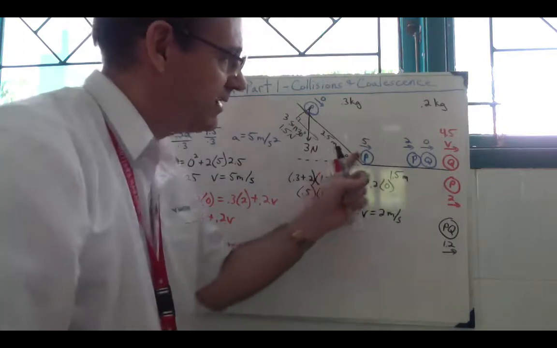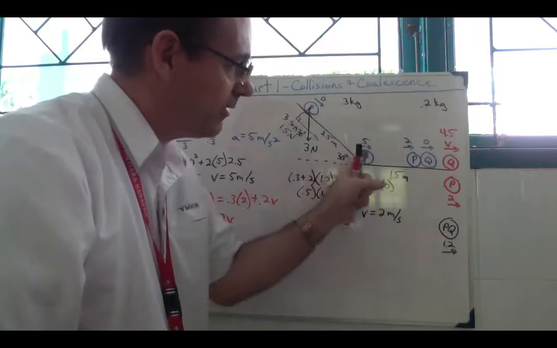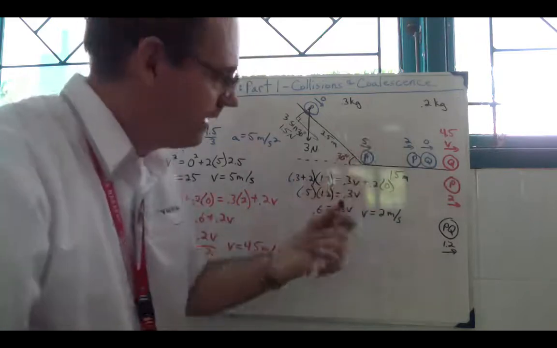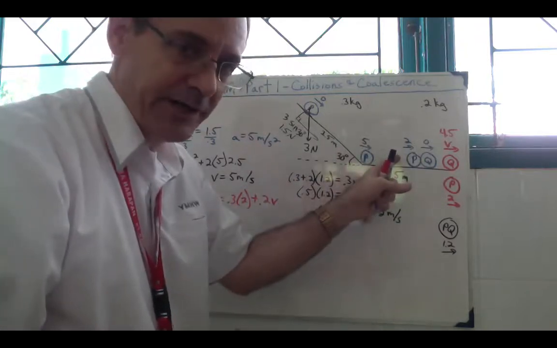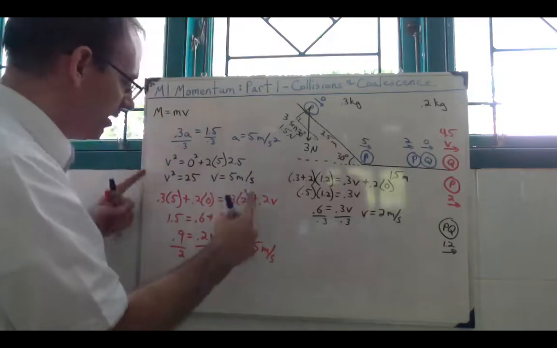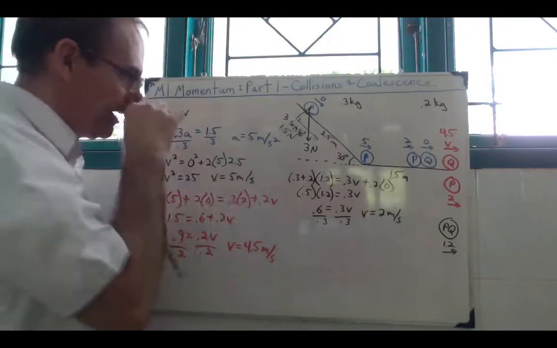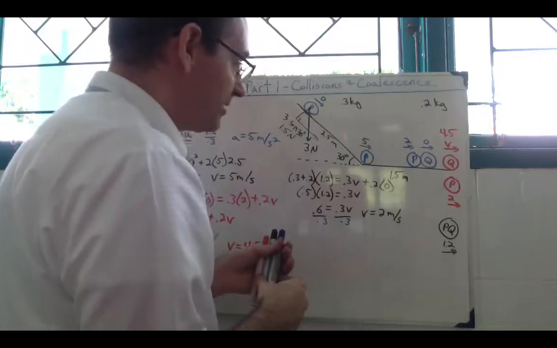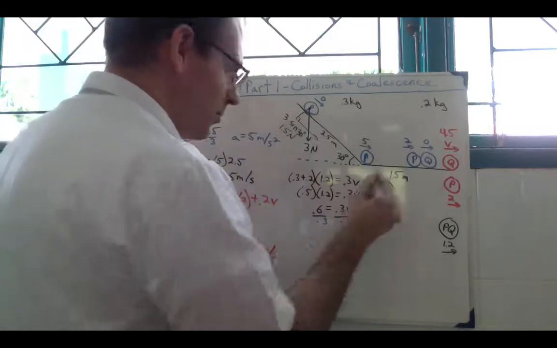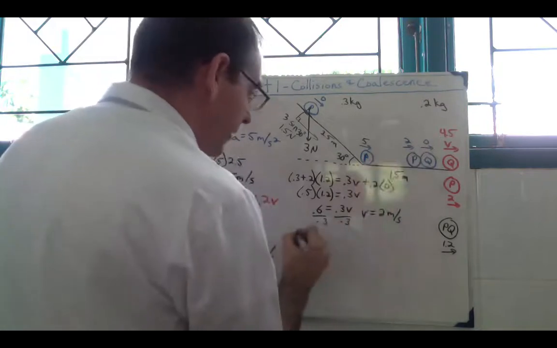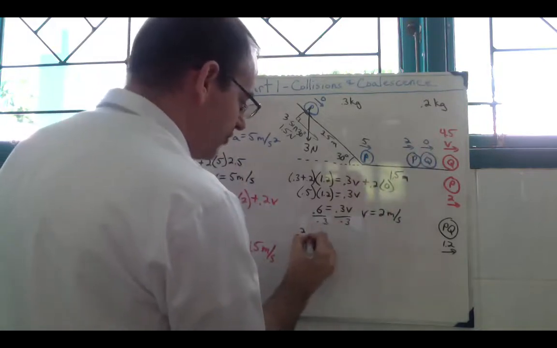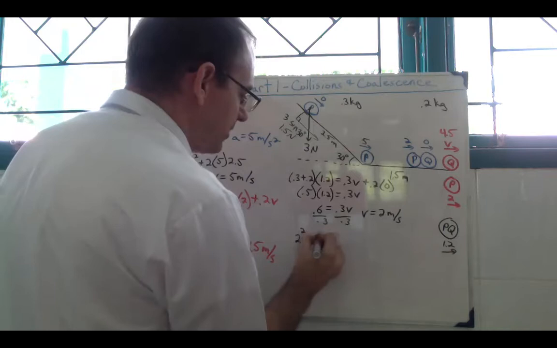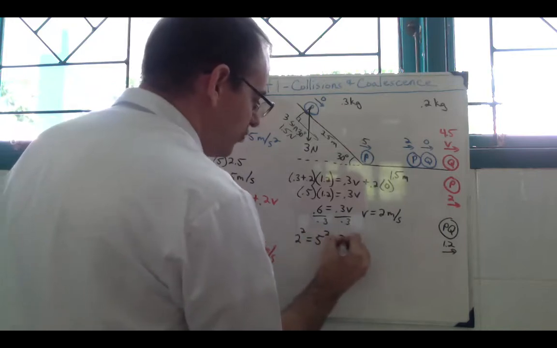So now that we've got that part, let's work backwards again and find the acceleration. Kind of like what we did over here, but now we're working backwards. So let's find our acceleration. So we have our v squared, final velocity is 2. Our initial velocity is 5, plus 2as.